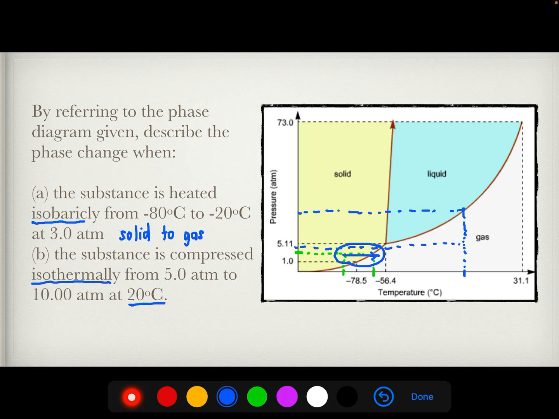The question asks us to describe the changes that happen in this region. We can see the change is actually from gas to liquid.